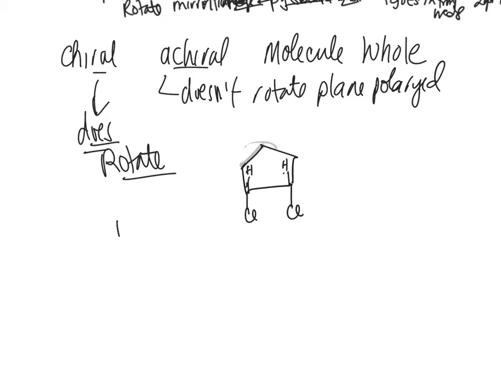Now, how would you draw this in a 2-dimensional flat? You would draw the chlorine or the hydrogen, probably draw it like this. Okay, Cl, Cl. You should probably draw it like that. Let me make it a little nicer. Okay.